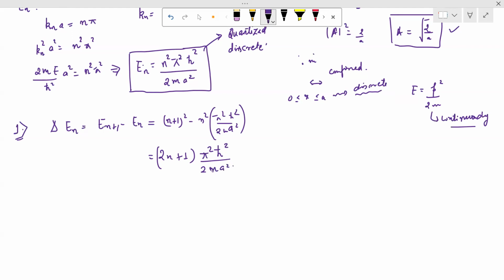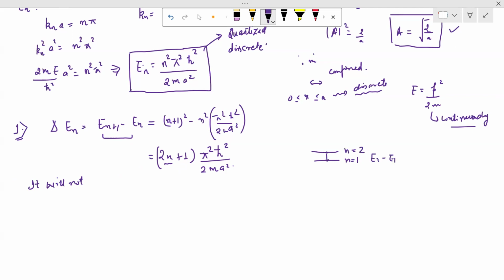So the energy between the adjacent levels turns out to be dependent upon n. This is one thing. Certainly, since it depends upon n, it will not be a constant. Now, for different n, if you take n equal to 1, this will be the energy difference between E2 and E1.